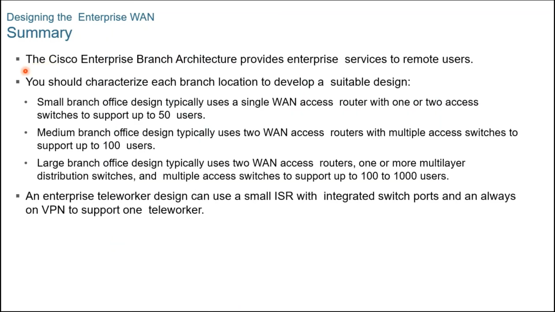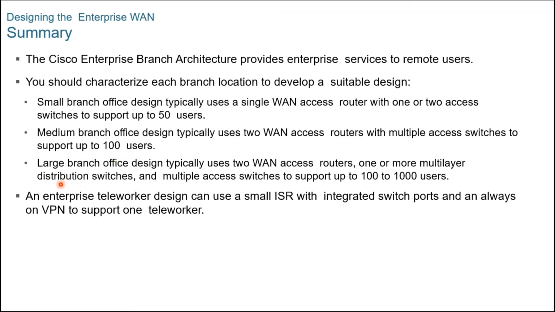Designing the Enterprise WAN summary. So the Cisco Enterprise Branch Architecture provides enterprise services to remote users. You should characterize each branch location to develop a suitable design. So a small branch office design typically uses a single WAN access router with 1 or 2 access switches to support up to 50 users. Medium branch office design typically uses 2 WAN access routers with multiple access switches to support up to 100 users.